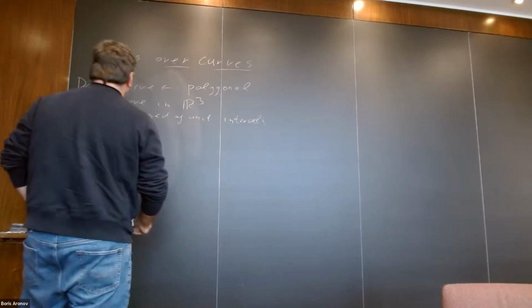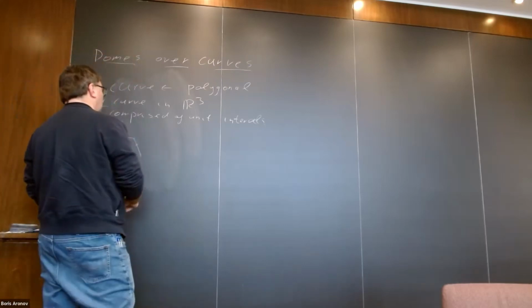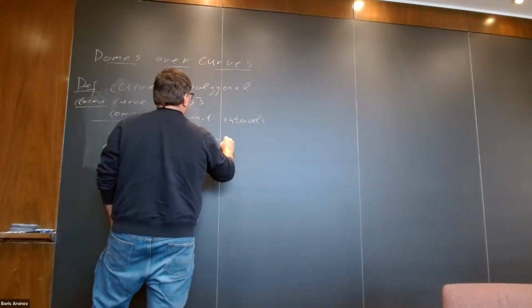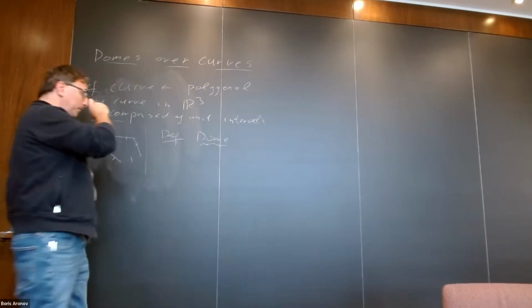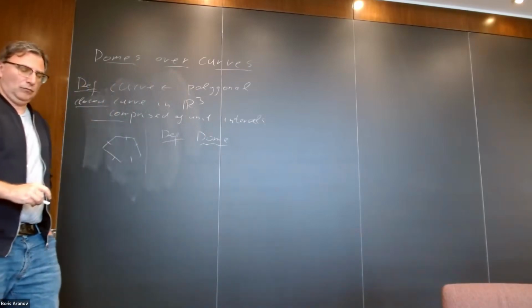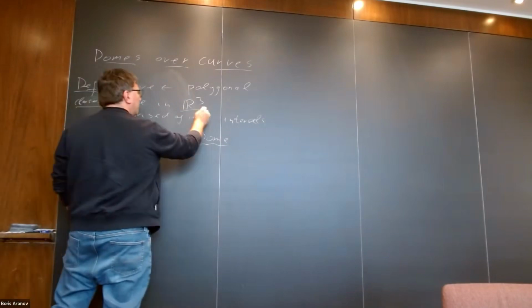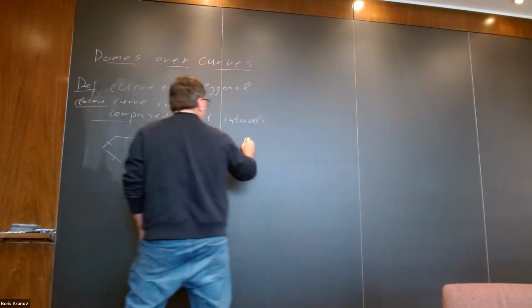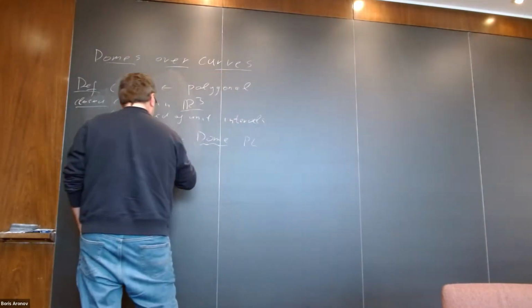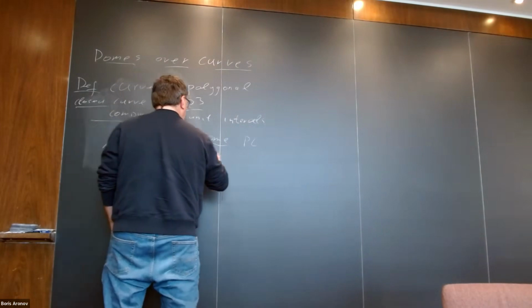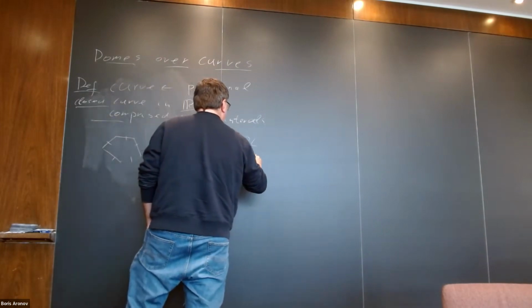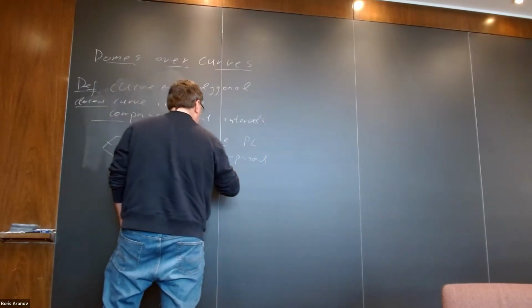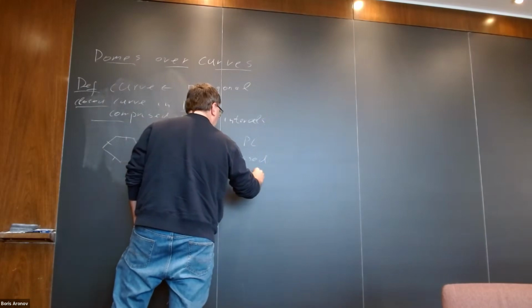All right. Now the next definition: dome. A dome is a polyhedral surface comprised of unit equilateral triangles.